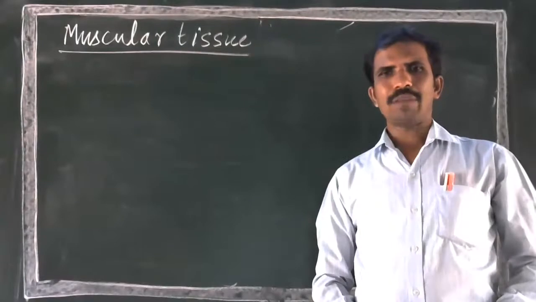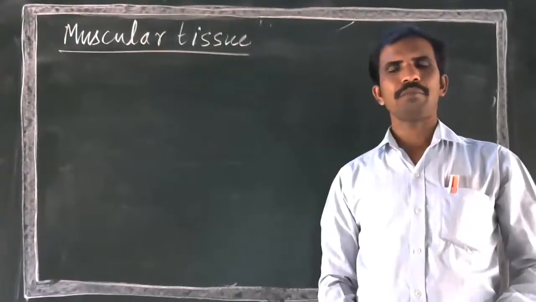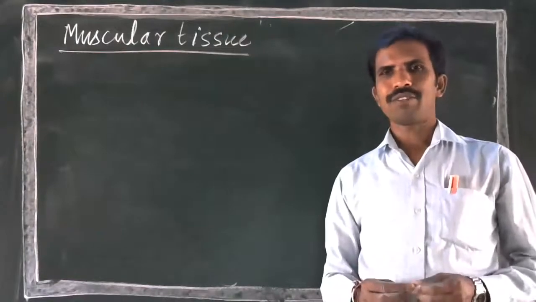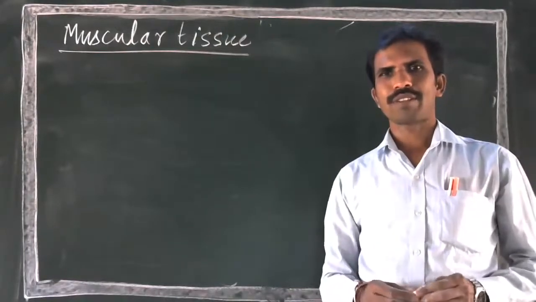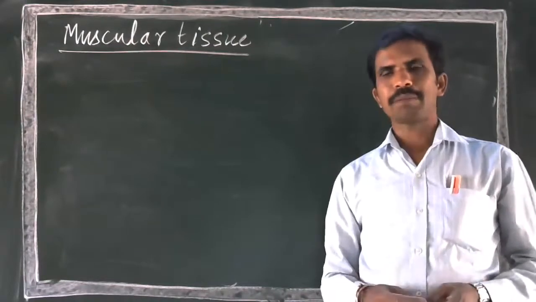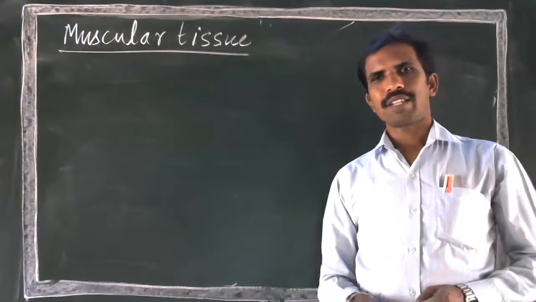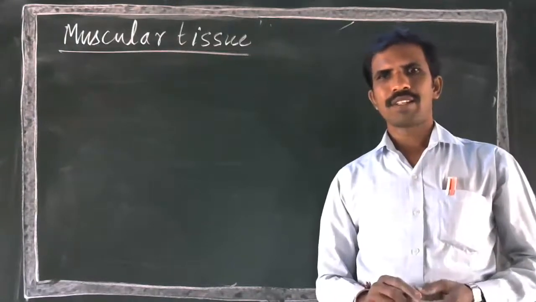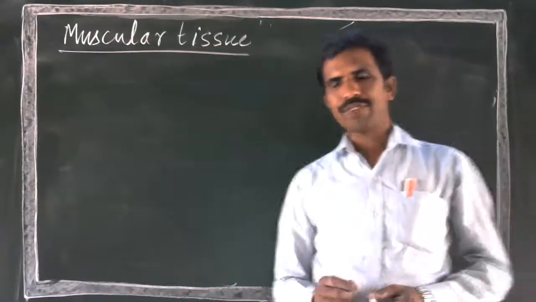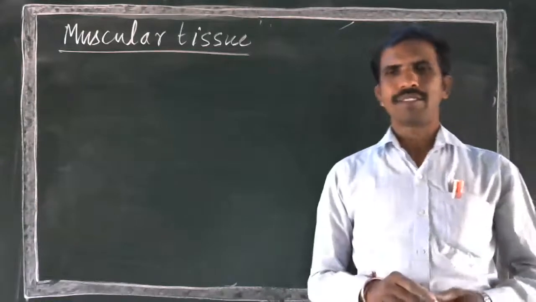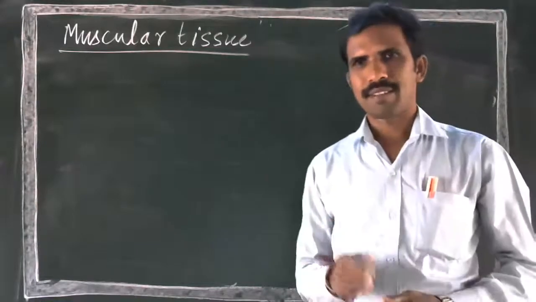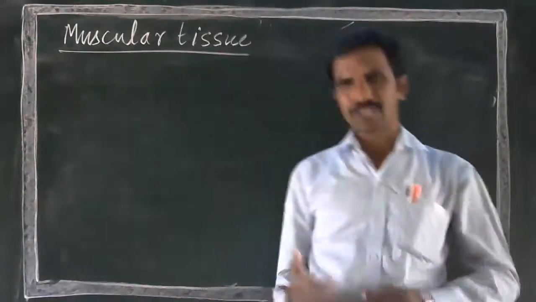All are important, but some play a very important role in the physiological activities of the body, like respiration, breathing, then pumping of the heart. All these become very important functions. Those functions are helped by these muscles.